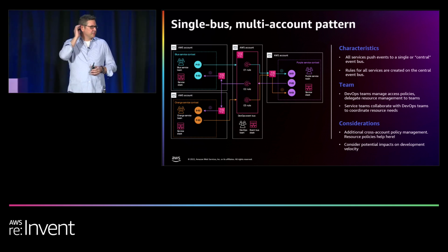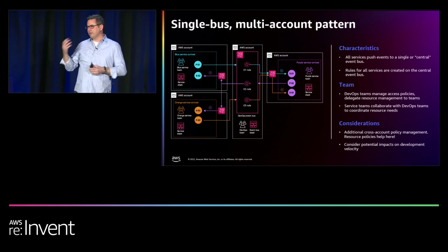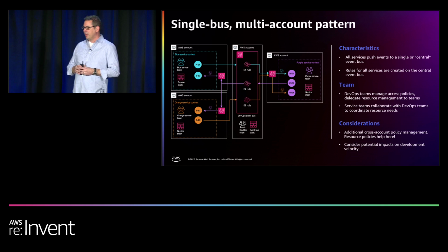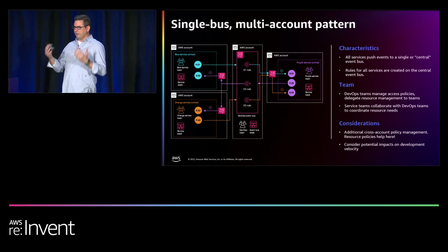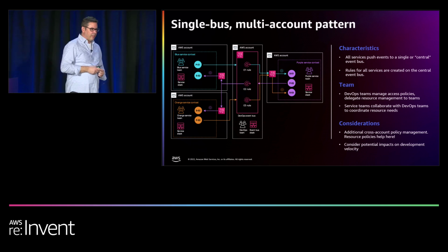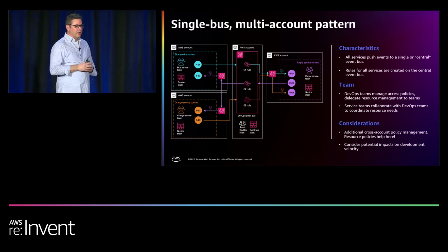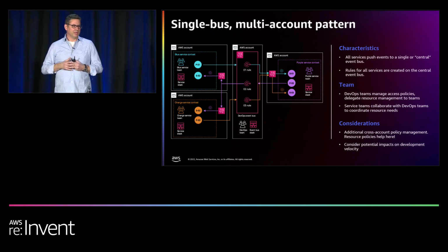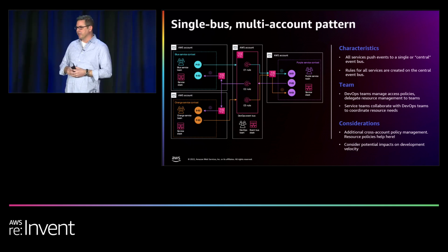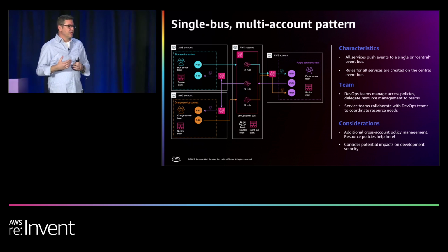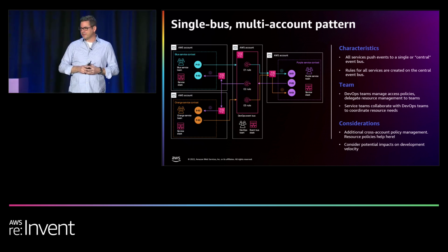Probably the topology that most customers start with as they look to adopt EventBridge is the single bus multi-account pattern. And this is characterized by event producers all publishing events to a single central event bus. It also means that all of the subscribers to those events are also putting rules onto that same event bus.